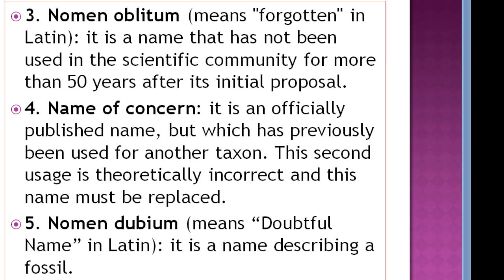After 50 years, if another scientist discovers this name, he must put after the name this term nomen oblitum, which means forgotten. Then the zoologist will understand that this name hasn't been used for more than 50 years after the initial proposal.